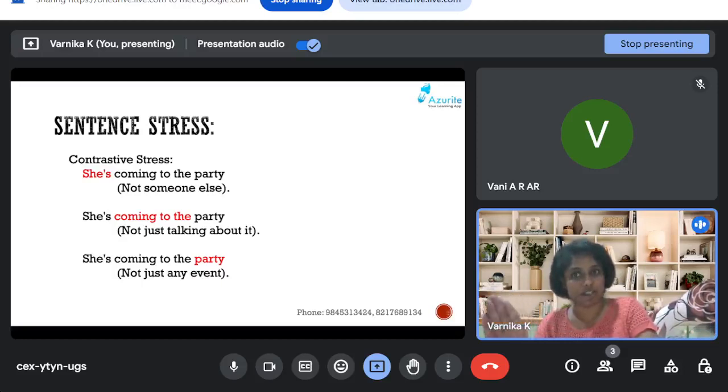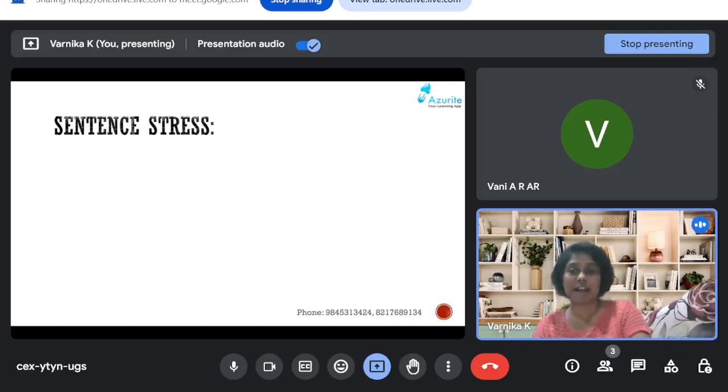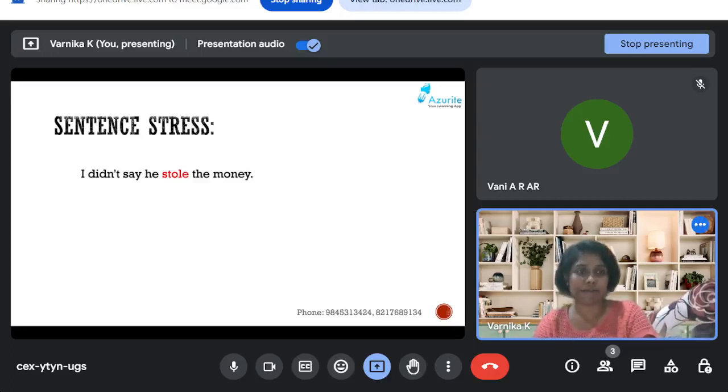So this is the idea of sentence stress. Where you stress on the sentence, it will change the meaning when you are speaking English. Okay, that's the reason it's important to stress in the right places. Now, here I have an example. I didn't say he stole the money.